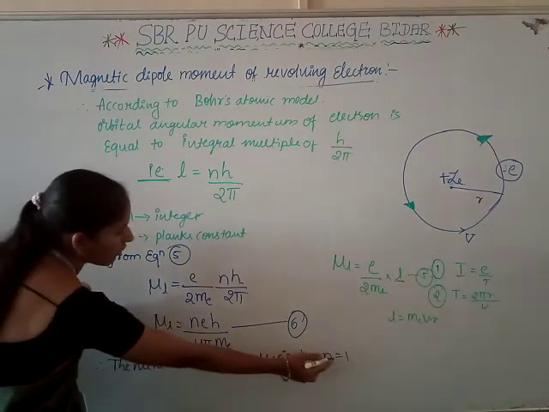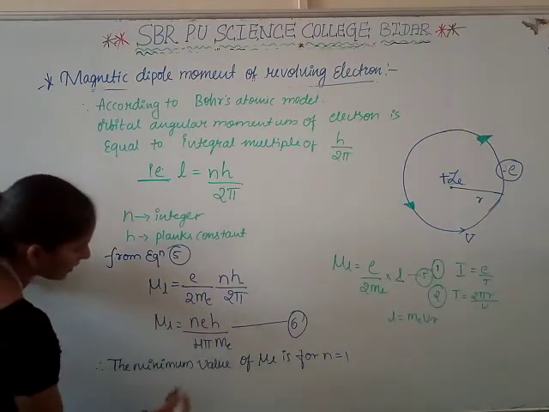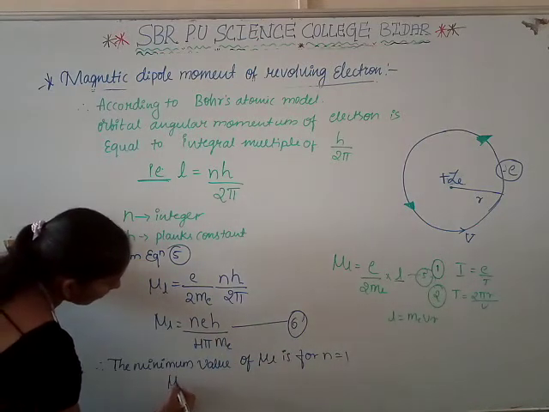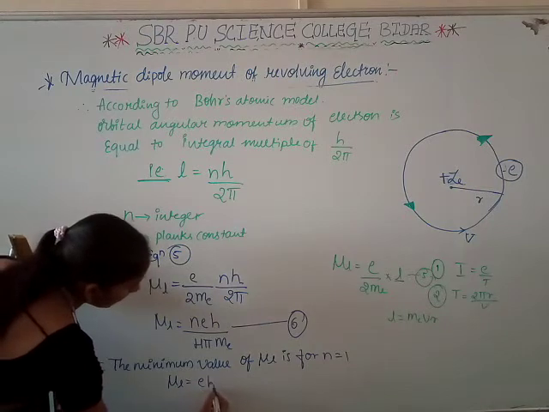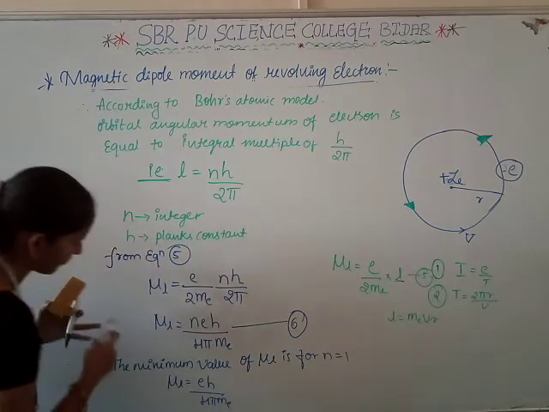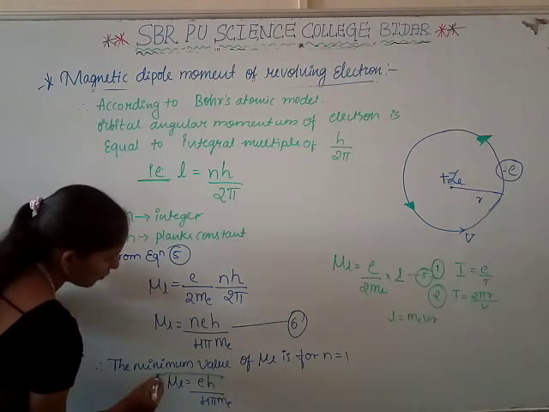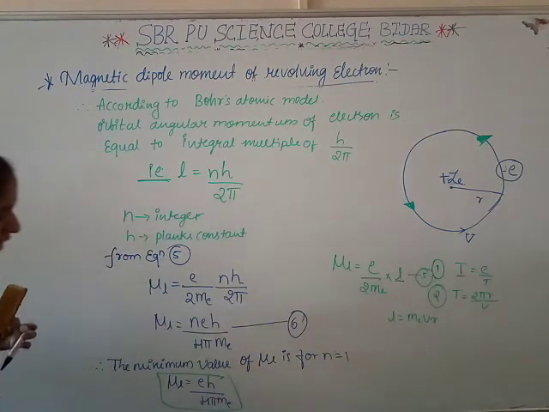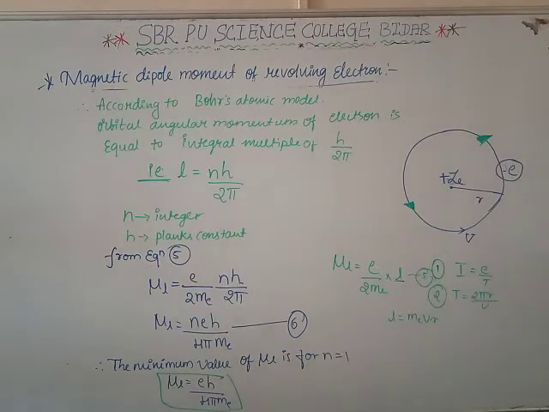If we put n is equal to 1 in equation 6, we get mu L is equal to e into h divided by 4 pi me. This is called a Bohr's magneton.